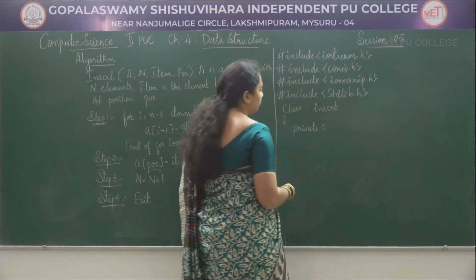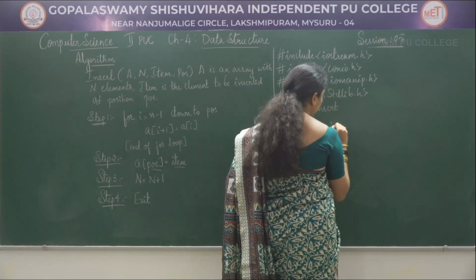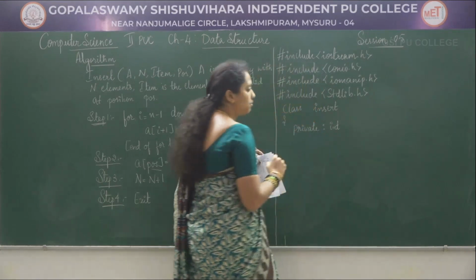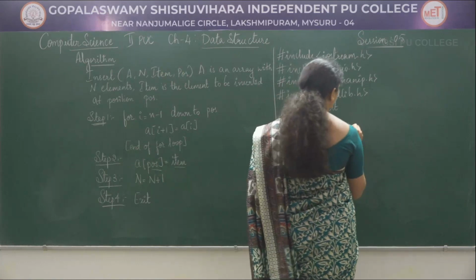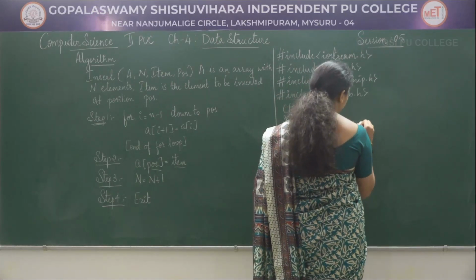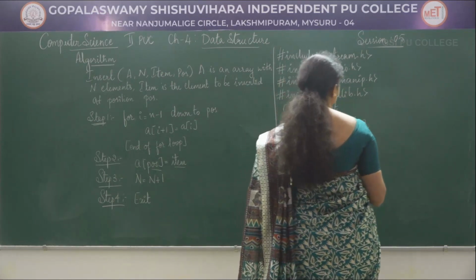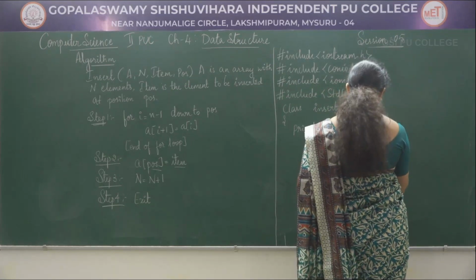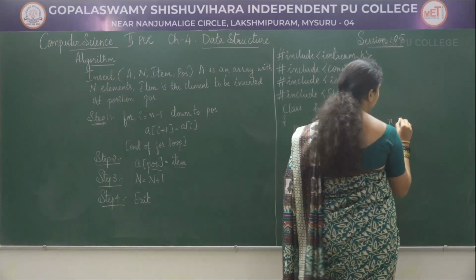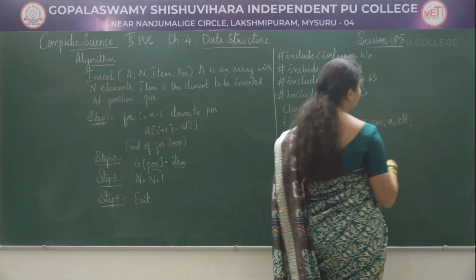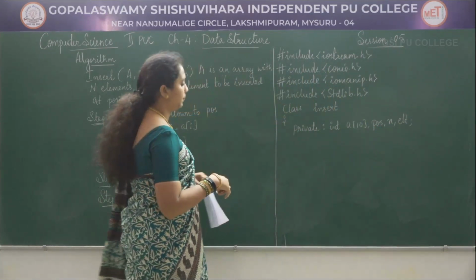Private: int. What are all the variables we require in our program? That is array name, that is A of 10, then position, size of an array and the element to be inserted.